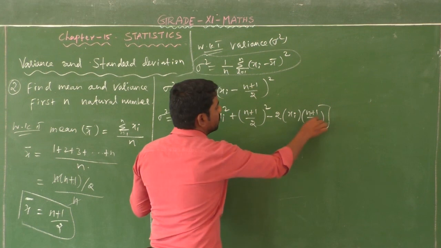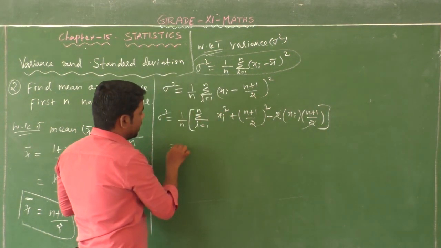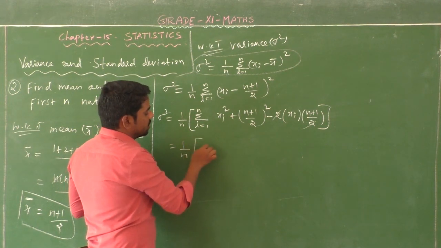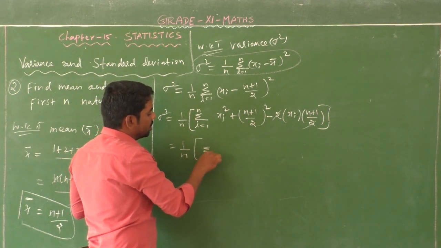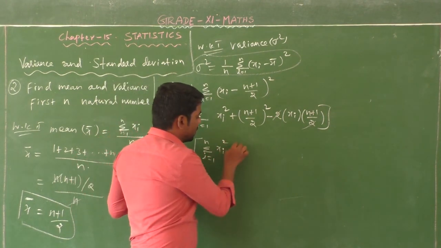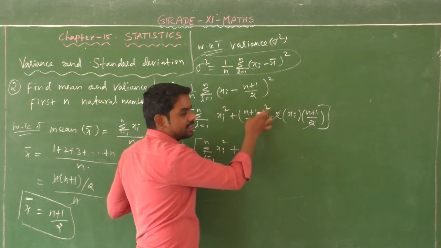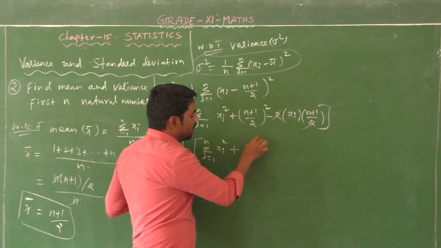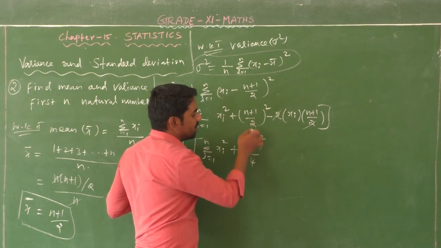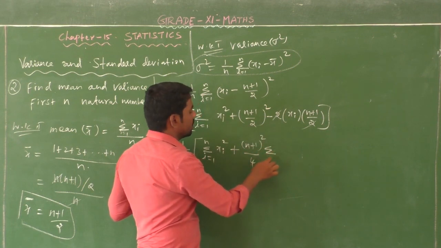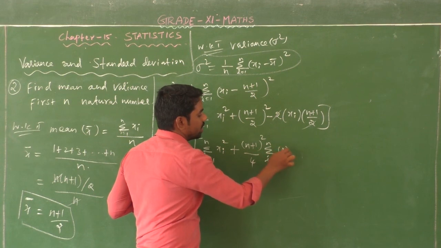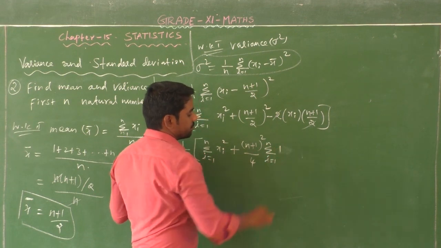The 2 cancels, remaining 1 by n into the summation of i equal to 1 to n of xi squared plus, here n plus 1 by 2 the whole square is a constant, so n plus 1 the whole square by 2 squared is 4. So the summation of this value, this is a constant, so the summation of i equal to 1 to n, here the constant is 1, so the summation of 1.